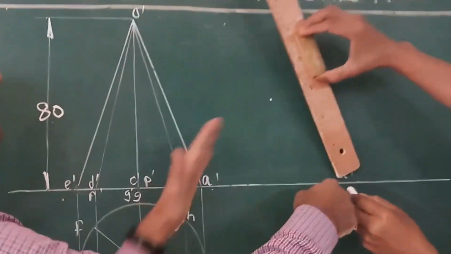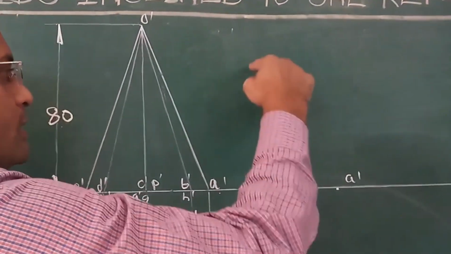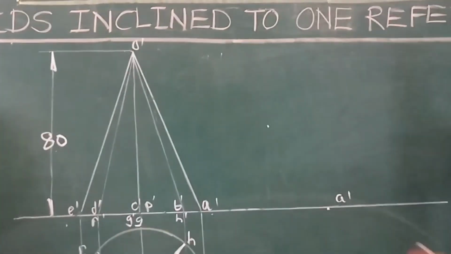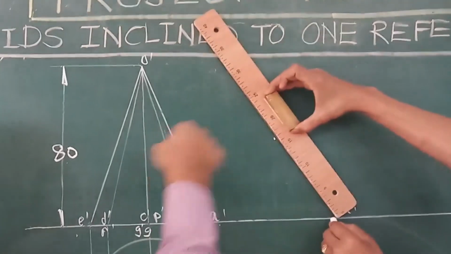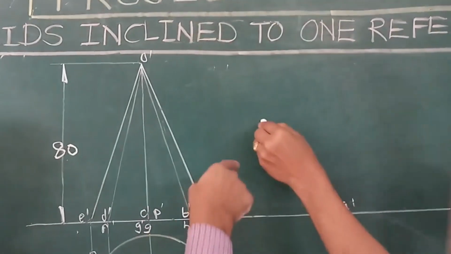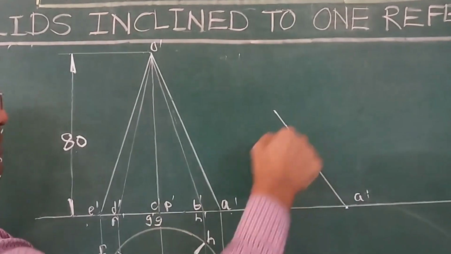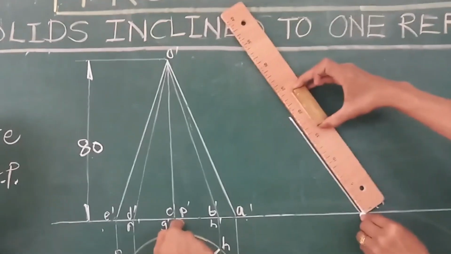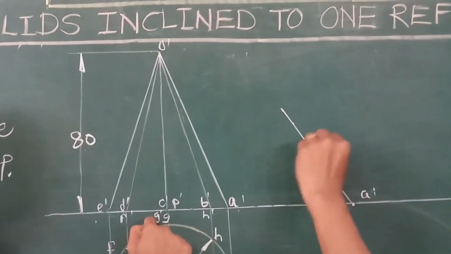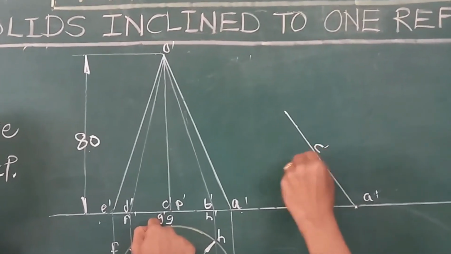Now as axis makes 30°, its base is going to make 60°. So through A dash draw line at 60°. So this is the line which is at 60°. Now along this line, first of all mark midpoint of the line as point C dash and G dash. So these are points C dash and G dash.